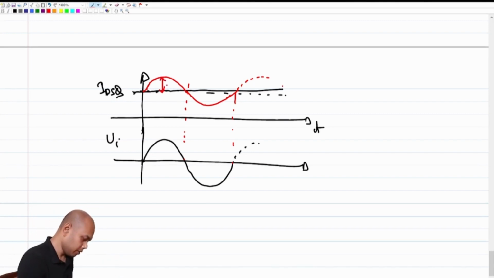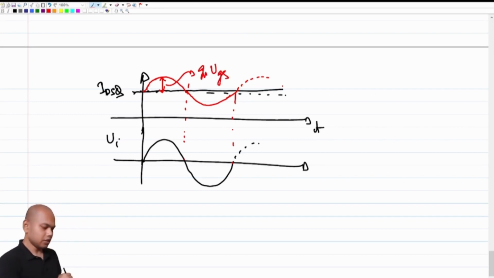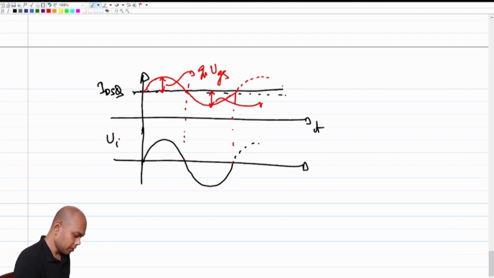So this will be GM times VGS or GM times VI in this case. The magnitude of that will be GM times VGS or GM times VI. Now, what do you think? Do you see a problematic situation arising?